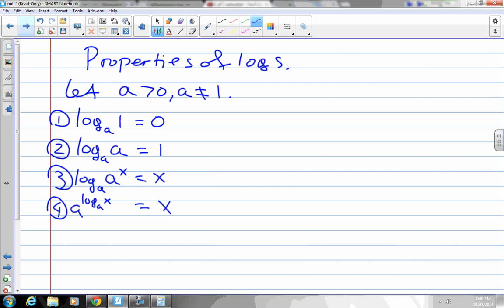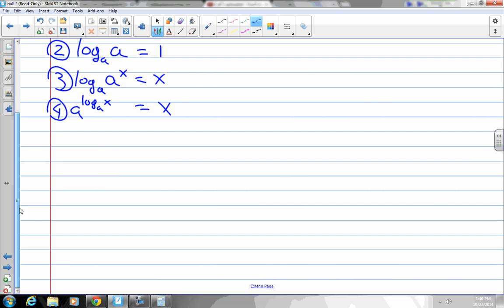Okay. Is that all right? Now, a while back, we discussed these two equations.